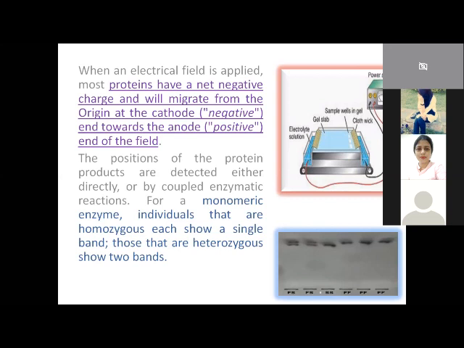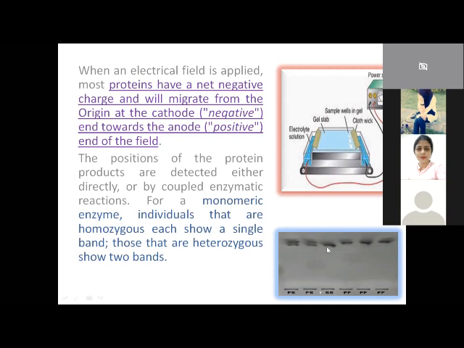Here we can see that if the FS genotype is there, meaning a dimer of F and S, there will be two bands, because this individual has both forms of the alcohol dehydrogenase enzyme.